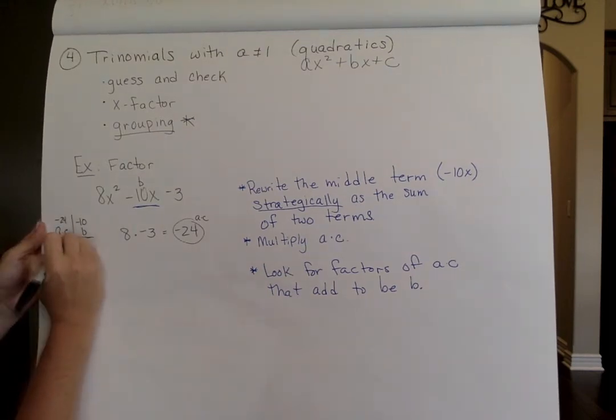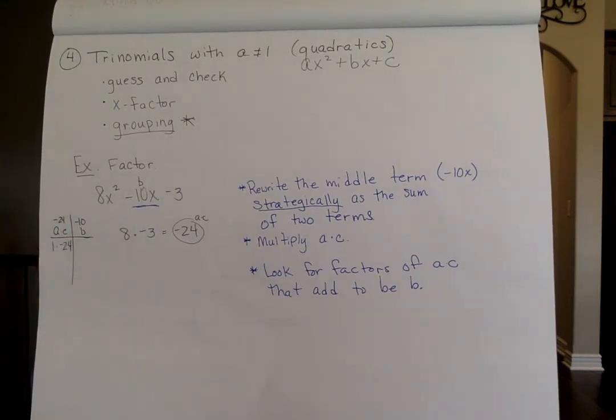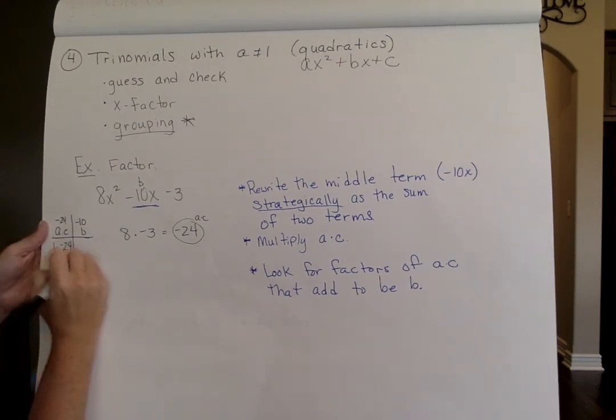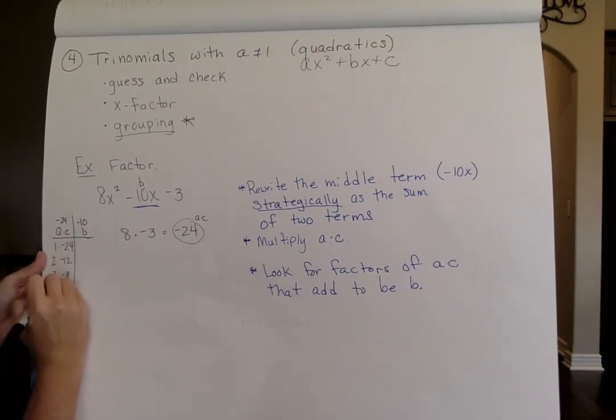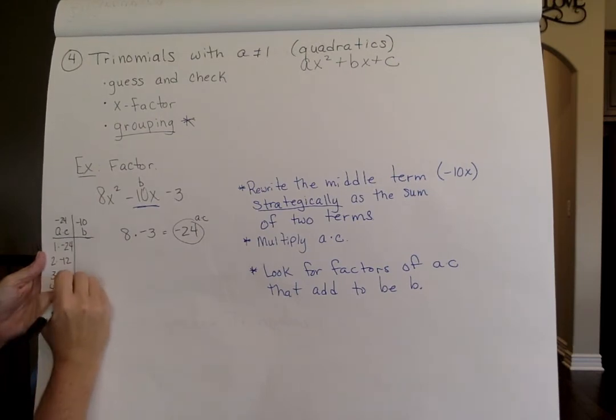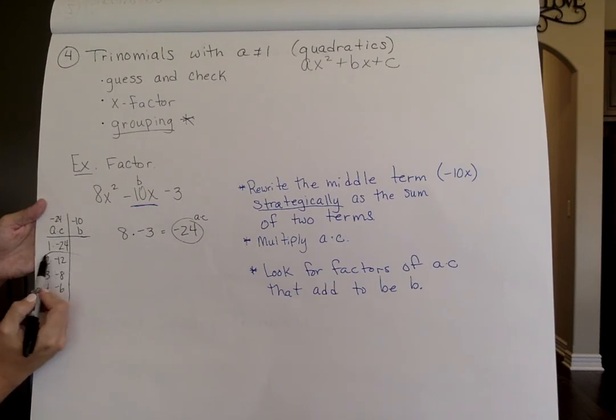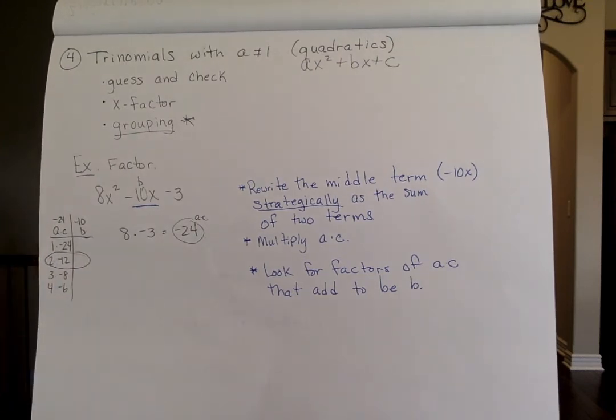So I'm just going to start by making a list. I usually start kind of strategically again with just the lowest, like 1 times negative 24, 2 times negative 12, 3 times negative 8, 4 times negative 6. But hopefully, ding, ding, ding, you've already seen that it's on the list. Here it is, 2 and negative 12.